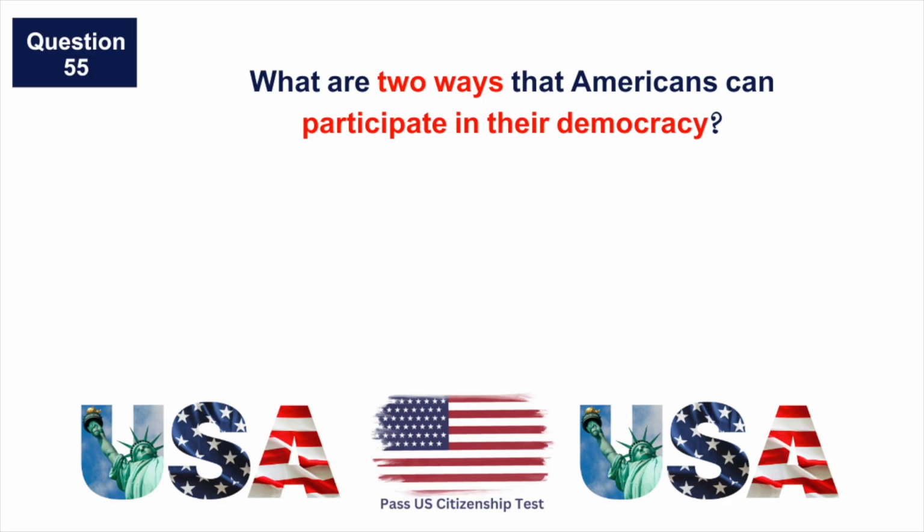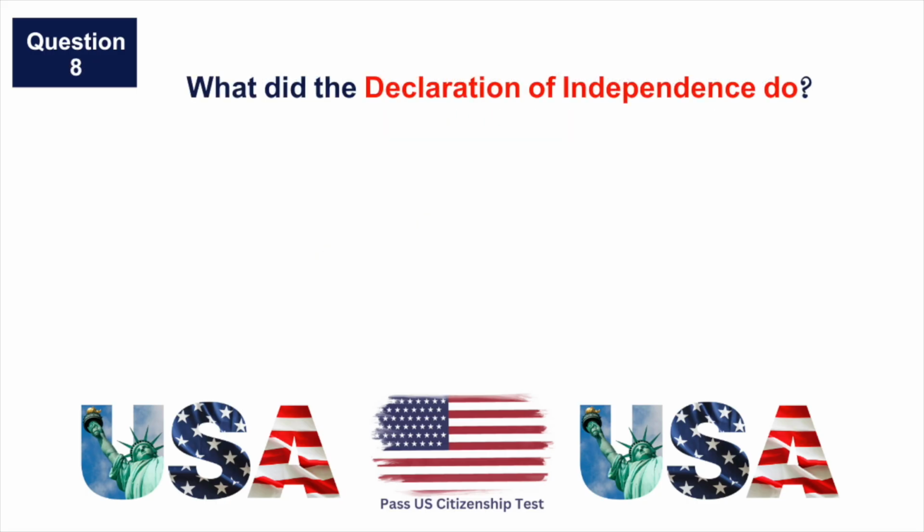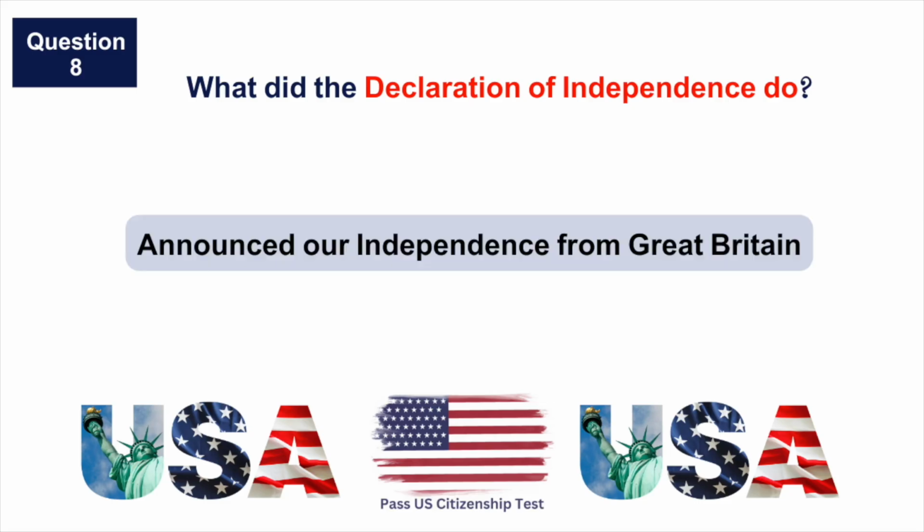What are two ways that Americans can participate in their democracy? Vote, join a political party. What did the Declaration of Independence do? Announced our independence from Great Britain.